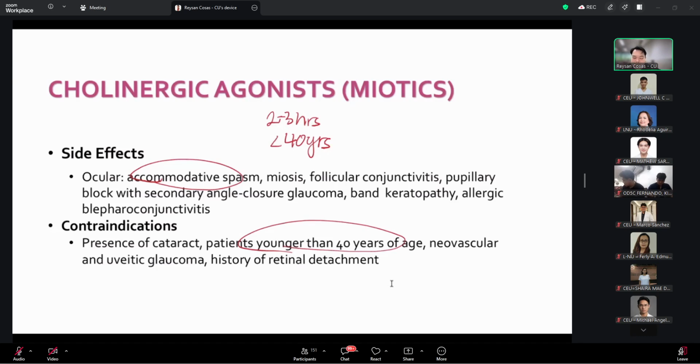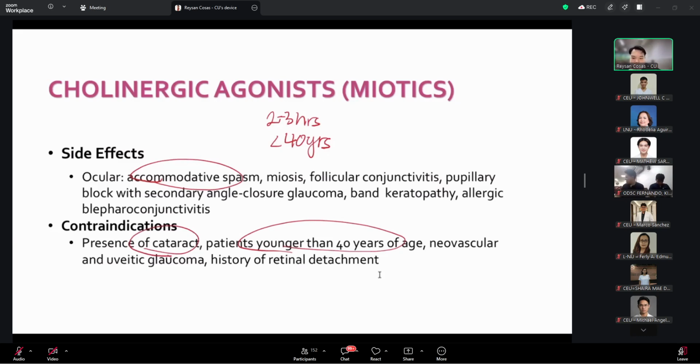Next, aside from accommodative spasm, some ocular problems could also occur, like miosis. Because it is a miotic, it could exacerbate cataracts. So, it is also contraindicated if you have cataract.